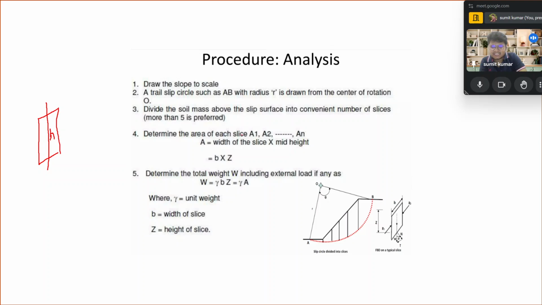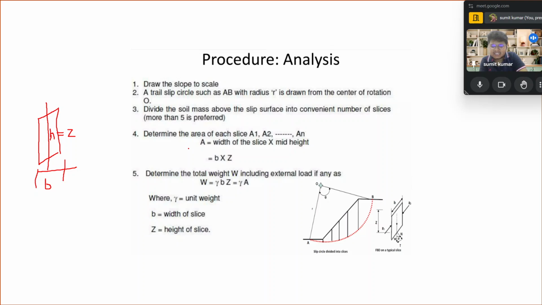So for determining the area of each slice A1, A2, up to An, the width of the slice is B, and the height is H or Z, whichever you want to use.